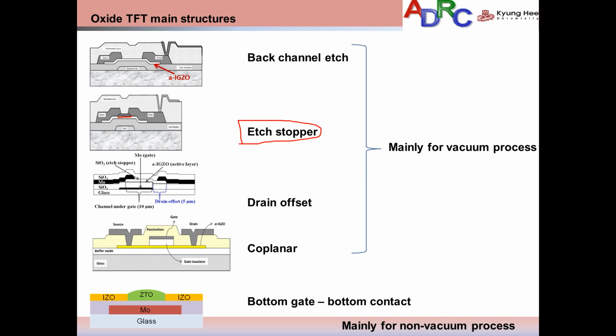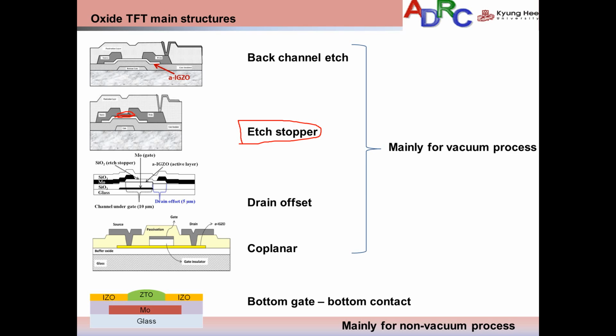So when we do the process in the vacuum chamber, we need to deposit IGZO or the oxide semiconductor, and then without breaking the vacuum, we need to protect this oxide semiconductor by depositing some SiO2 or some other material to protect this semiconductor.